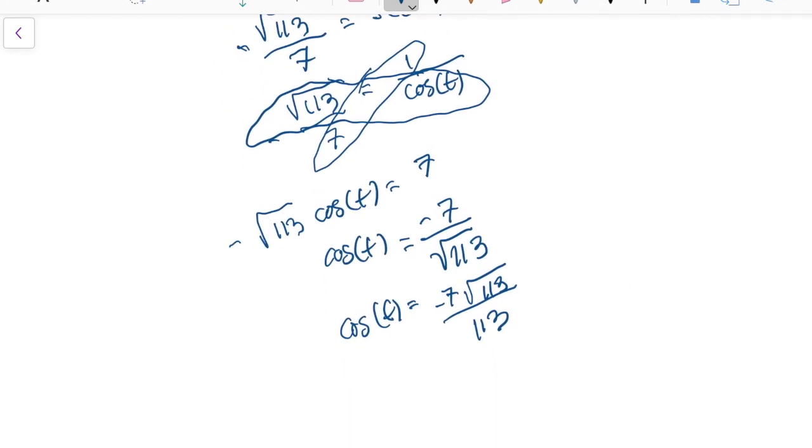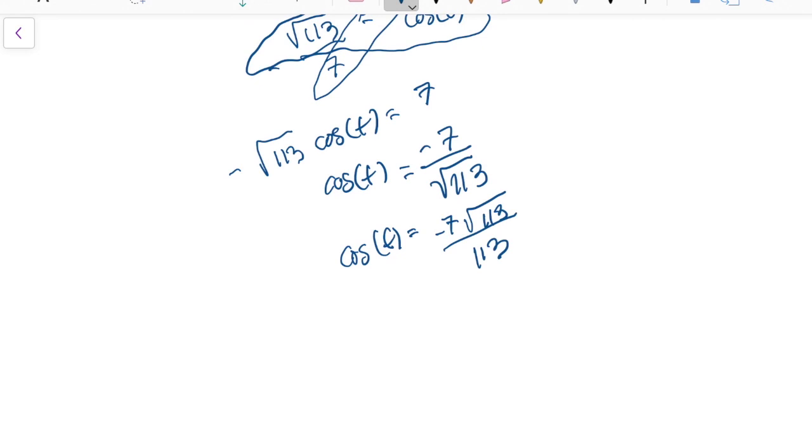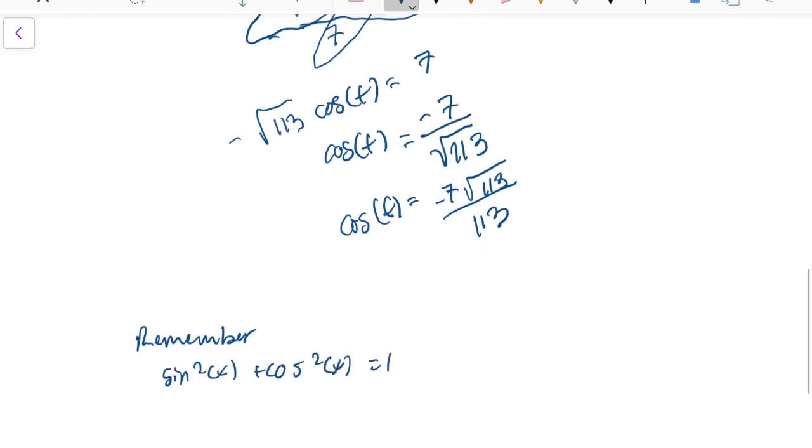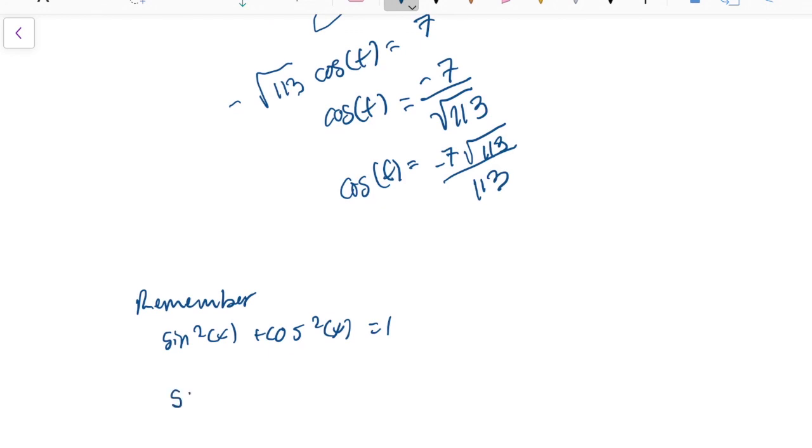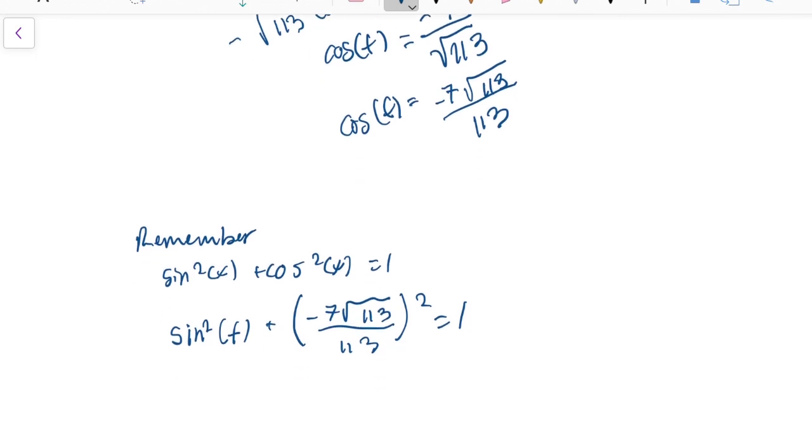So that is cosine. Now we still have to solve for sine, right? So remember that sine squared of x plus cosine squared of x is equal to 1. So sine squared of t plus negative 7 over square root of 113, squared, is equal to 1.